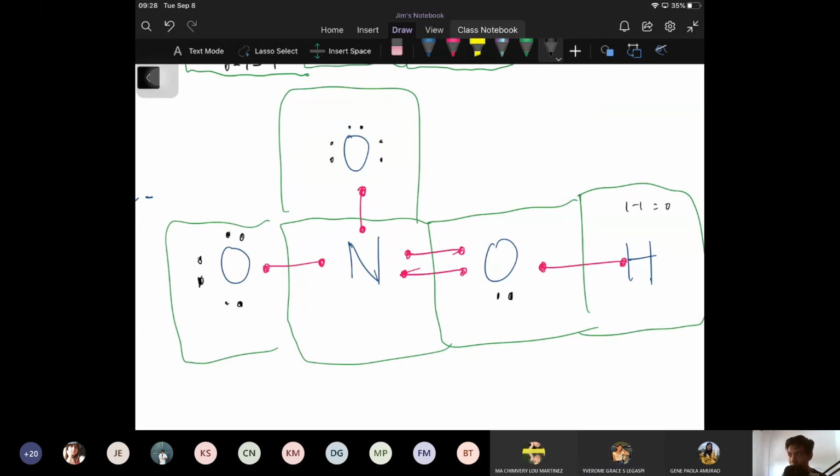So, the formal charge of that oxygen is positive 1. Why? 6 minus 5. 6 is the valence electrons. 5 is how many dots it has. 1, 2, 3, 4, 5. So, 6 minus 5, positive 1. That means oxygen bears a positive charge here. How about nitrogen?